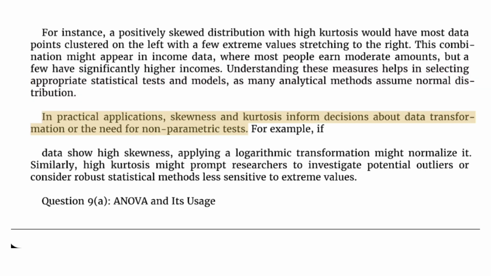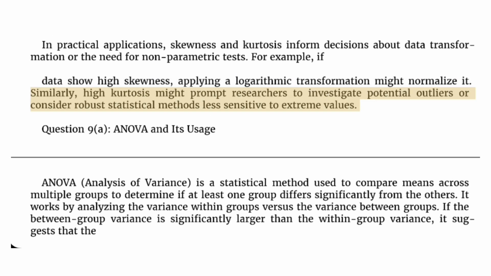In practical applications, skewness and kurtosis inform decisions about data transformation or the need for non-parametric tests. For example, if data show high skewness, applying a logarithmic transformation might normalize it. Similarly, high kurtosis might prompt researchers to investigate potential outliers or consider robust statistical methods less sensitive to extreme values.